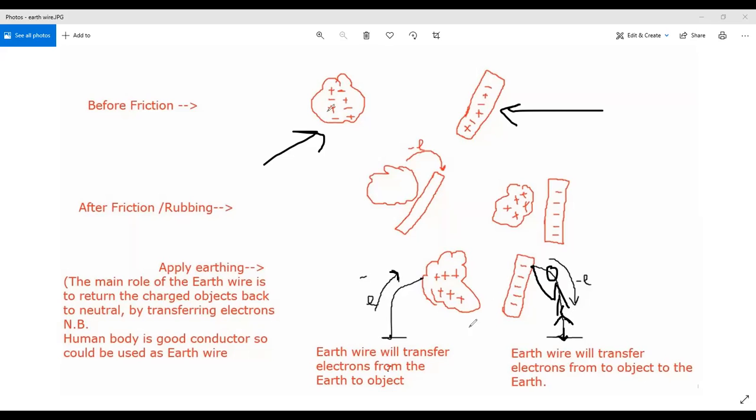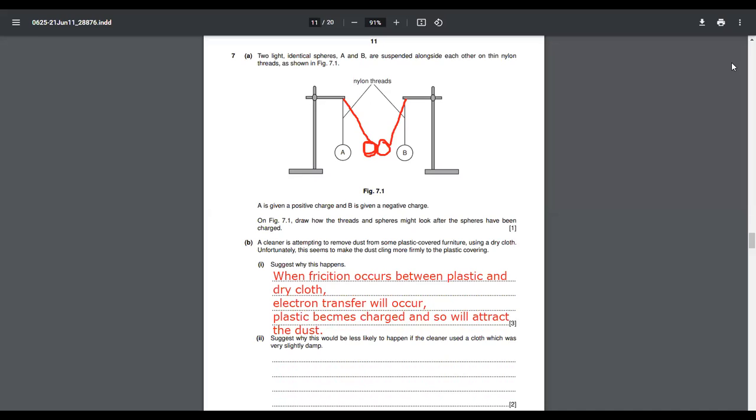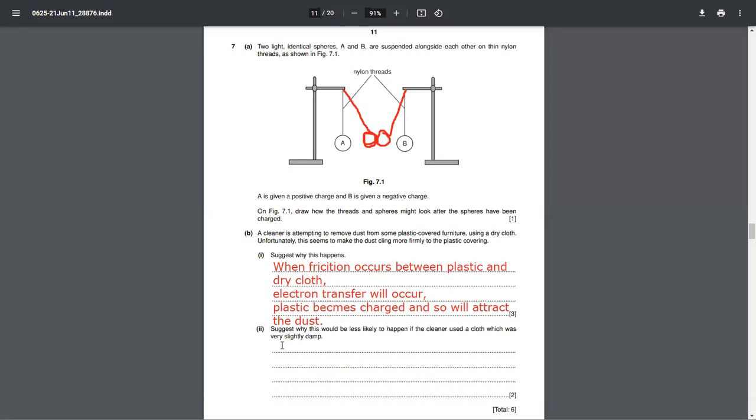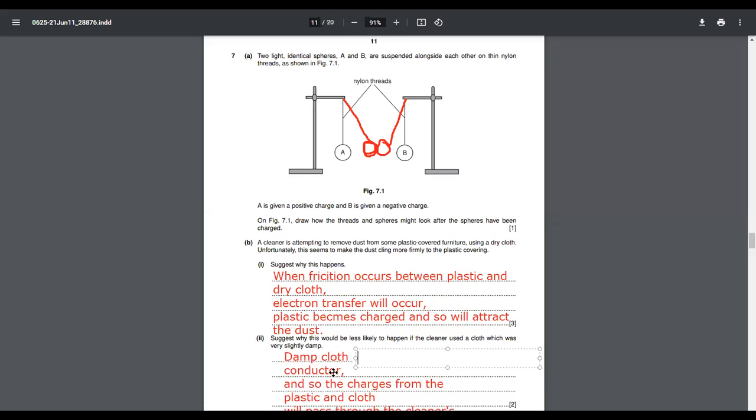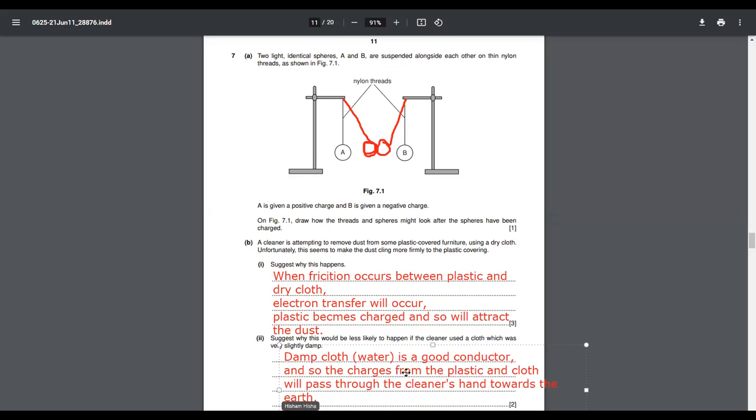So now the plastic will not be charged anymore. So what will happen to the dust? The dust will be removed easily. How can we write this in the answer? We could say that the damp cloth, or the water itself, is a good conductor.